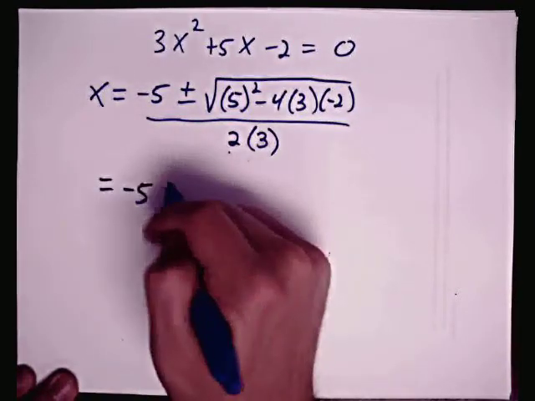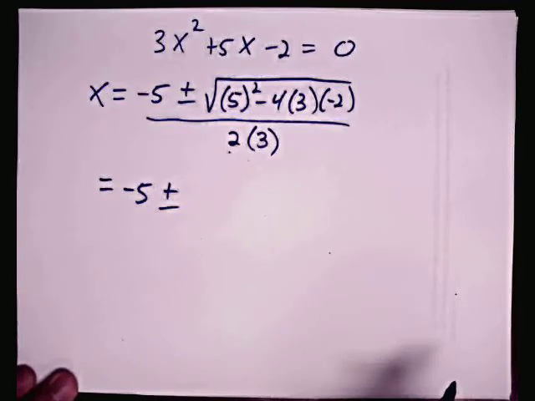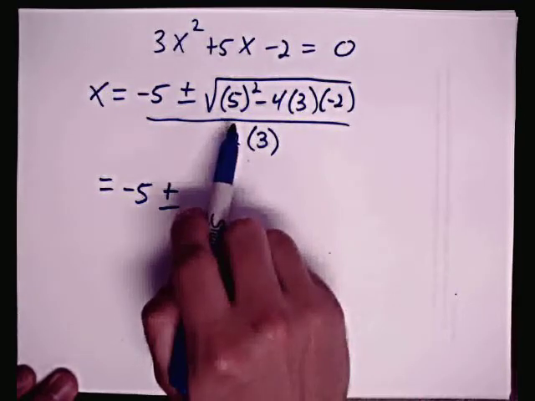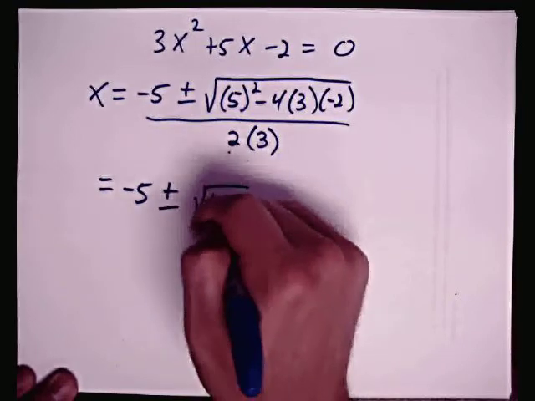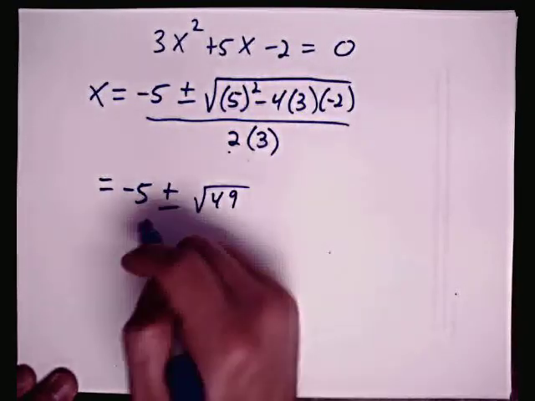So calculating underneath your square root, you're going to have 25 plus 24, which is 49, all over 6.